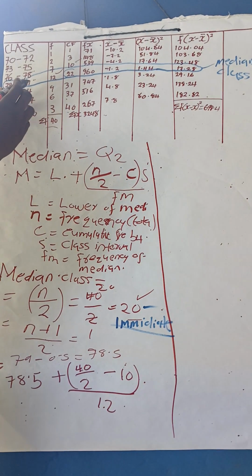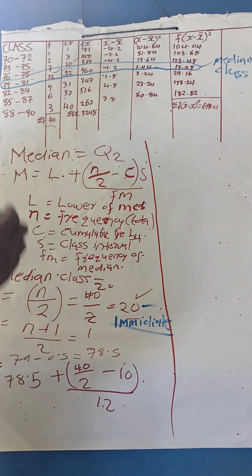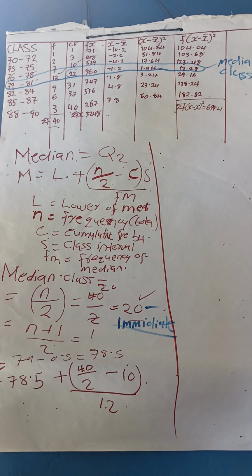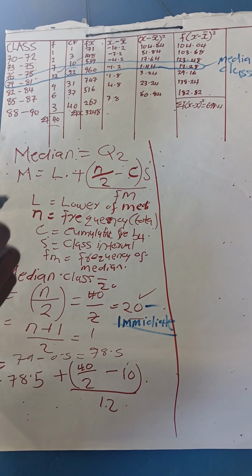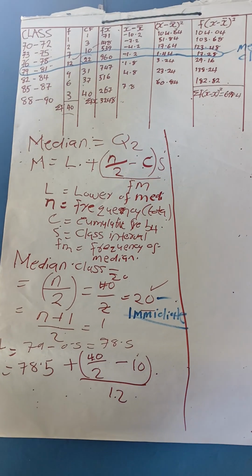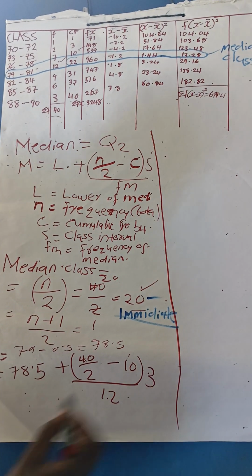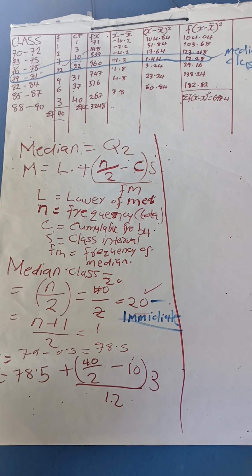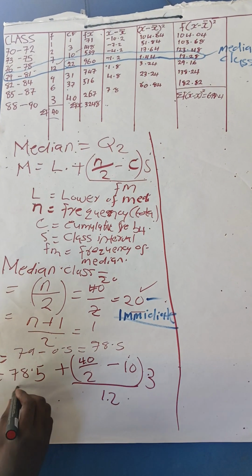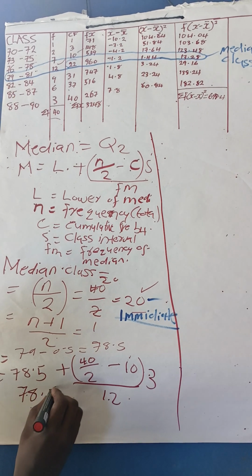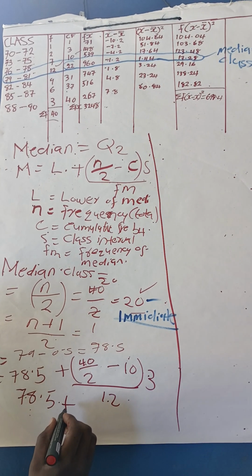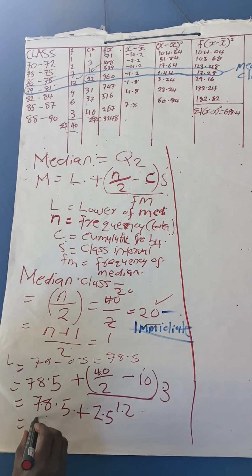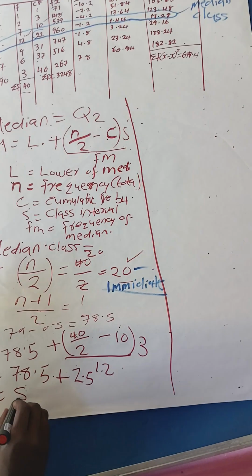Now for the class interval, we have 79 to 81, so it will be 81.5 minus 78.5. You will have 3. Now if you compute that, you will have 78.5 plus 2.5. So our median will be 81.